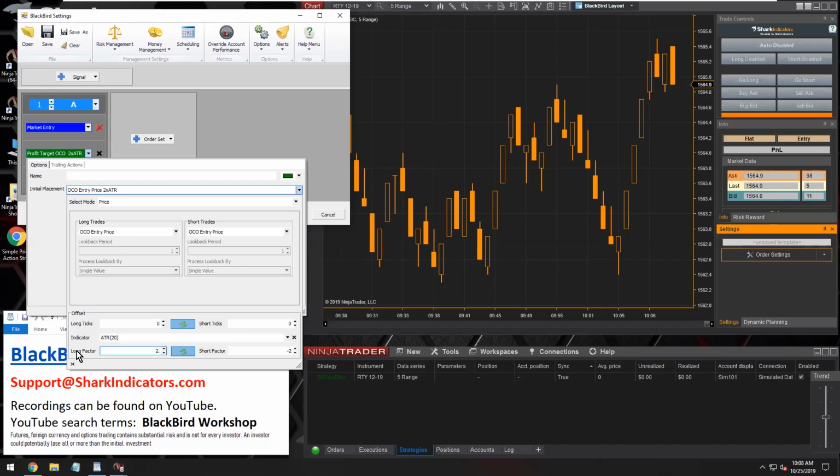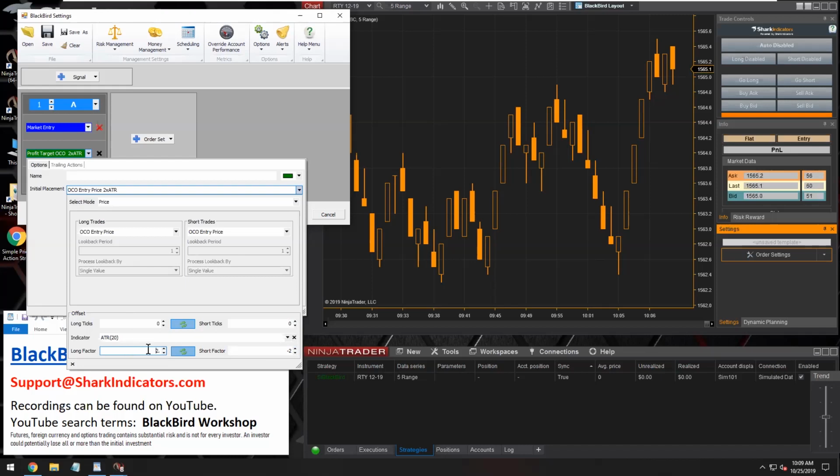With the long factor, a factor is a multiplier. For example, this profit target is a 2 ATR. We're taking the ATR value from that indicator and multiplying it by 2. So we have a long factor of 2 and of course a short factor of -2. This factor basically creates a ratio.